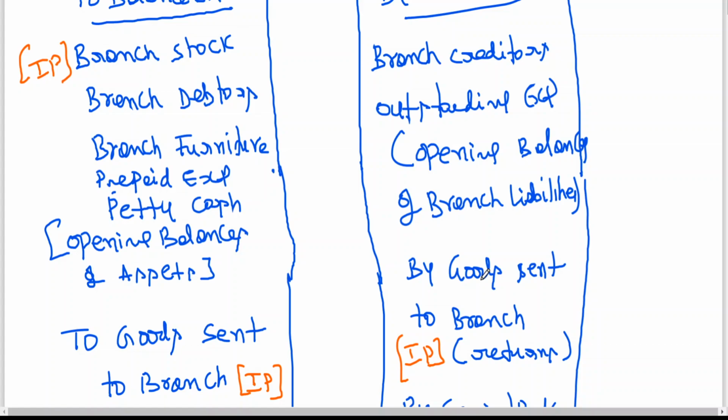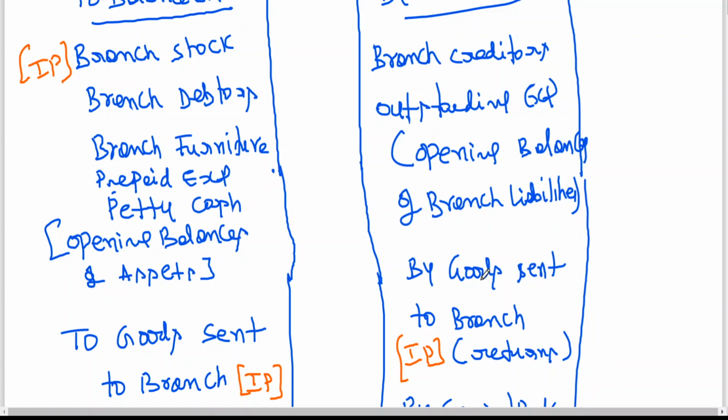Branch liabilities account debtor, brackets individually, to branch account.